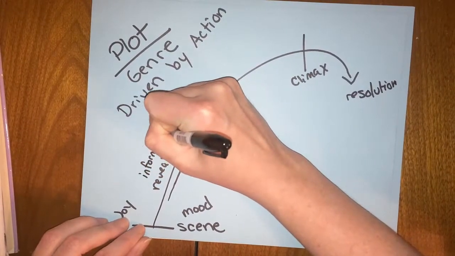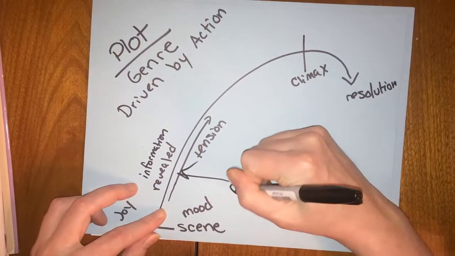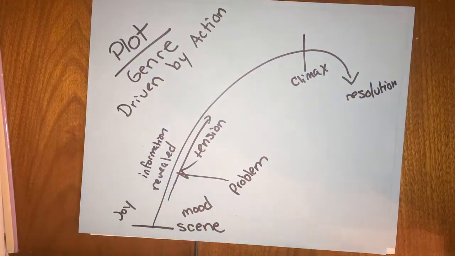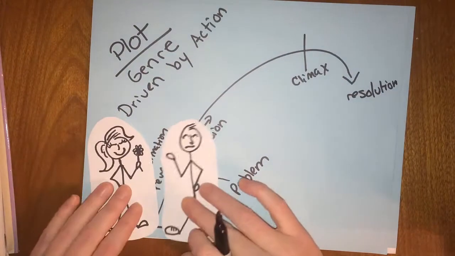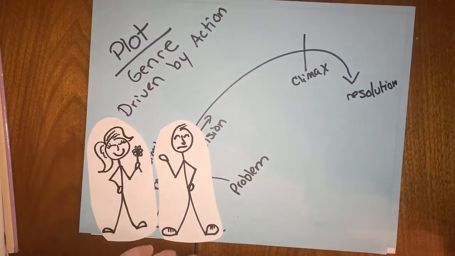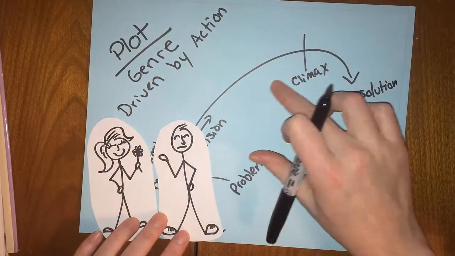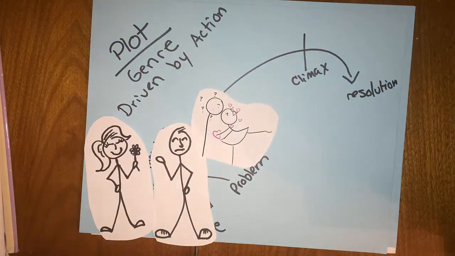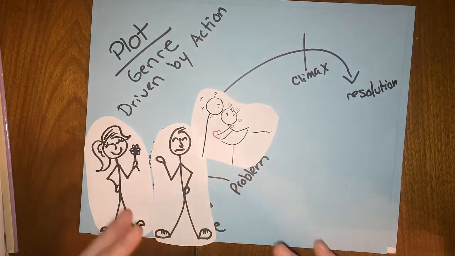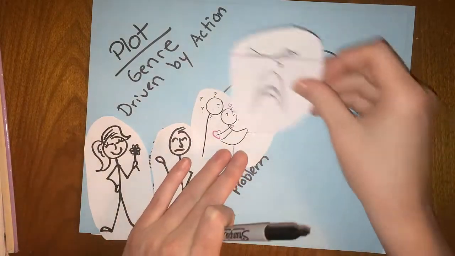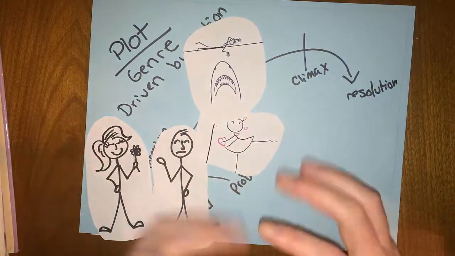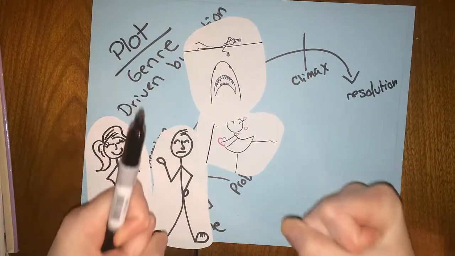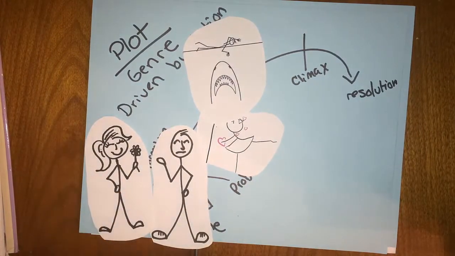So we start with this mood, joy, and more information is being revealed. And that typically refers to a problem. There's some kind of problem or barrier or obstacle that your characters need to overcome. And as they move along the plot, there are various elements that introduce their relationships, whatever the problem might be, and tension creates a situation where the reader needs to know how they're going to resolve that problem.